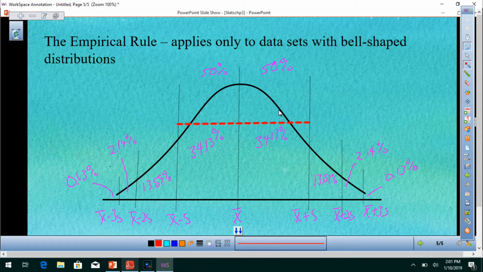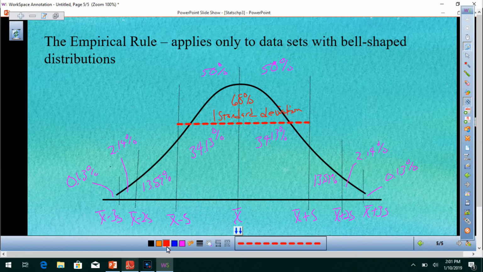That's 1 standard deviation over here, 1 standard deviation, and it is 68%. Okay? 68%.